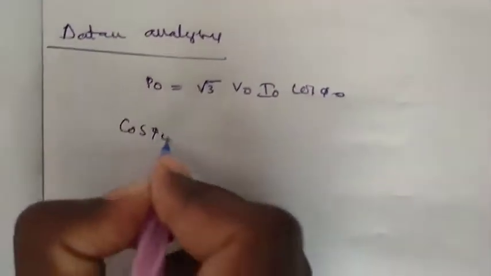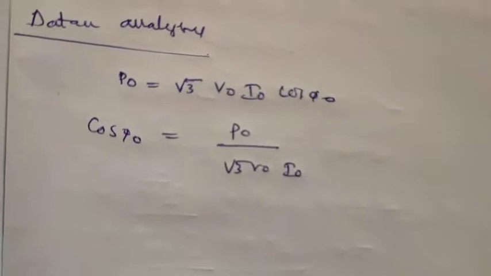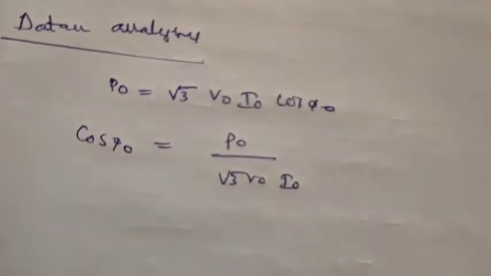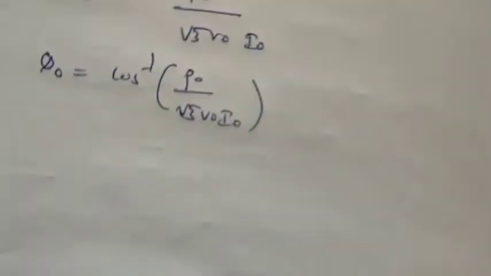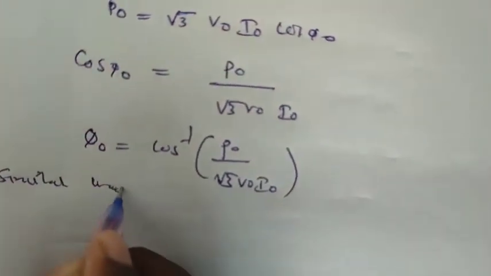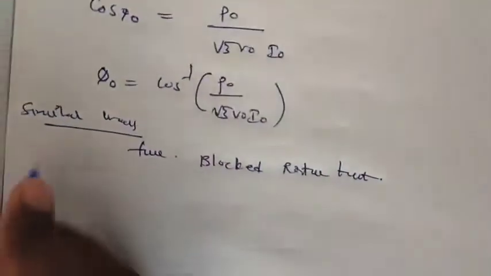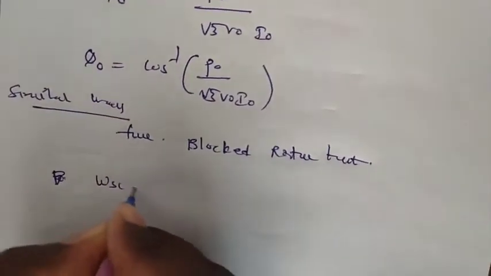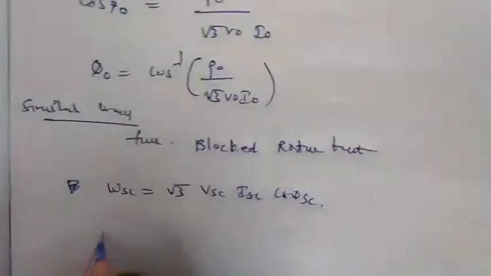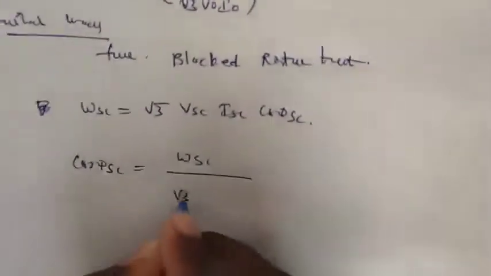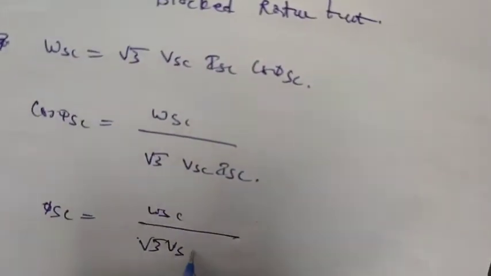From that we can get cos phi 0 equal to P0 divided by root 3 V0 I0. So phi 0 equals cos inverse of P0 divided by root 3 V0 I0. In a similar way, from the short circuit test, that means the blocked rotor test, short circuit power WSC equals root 3 VSC ISC cos phi SC. So cos phi SC equals WSC divided by root 3 VSC ISC, and phi SC equals cos inverse of WSC divided by root 3 VSC ISC.